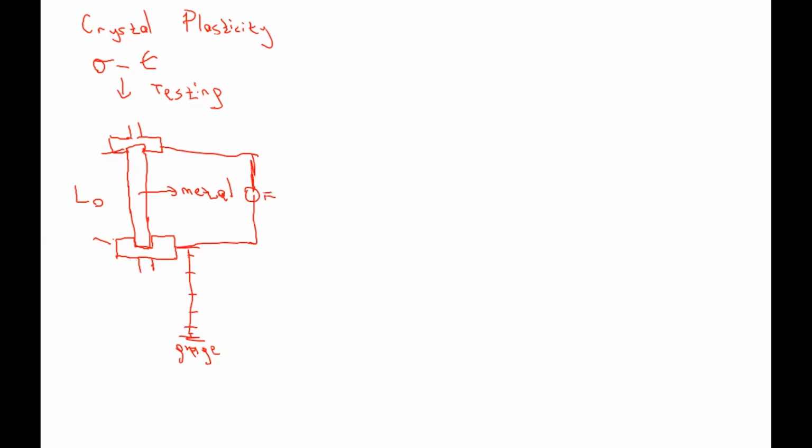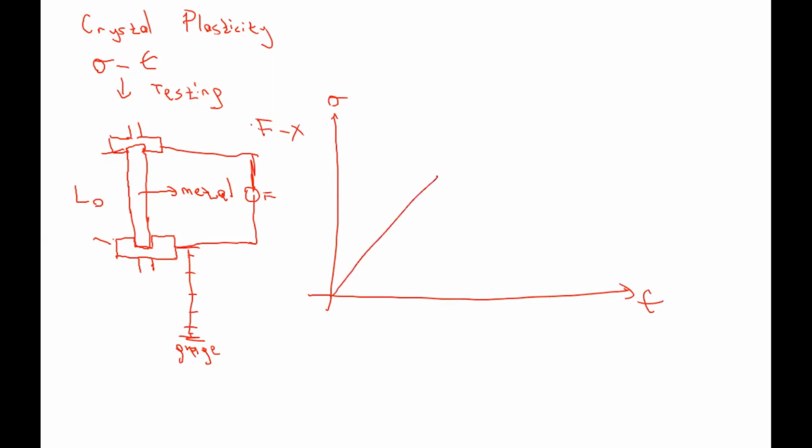Then we have force versus displacement, and we can convert force into stress and strain. We have the elastic region and the plastic region. This is the yield stress.